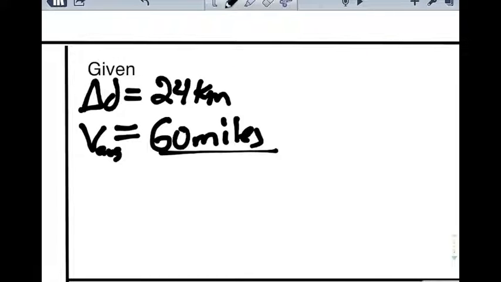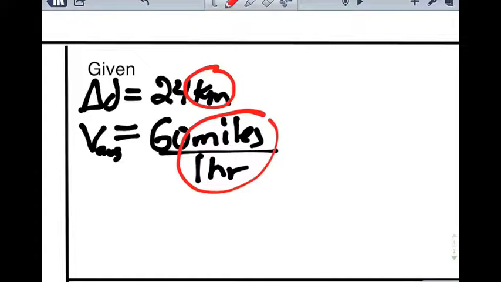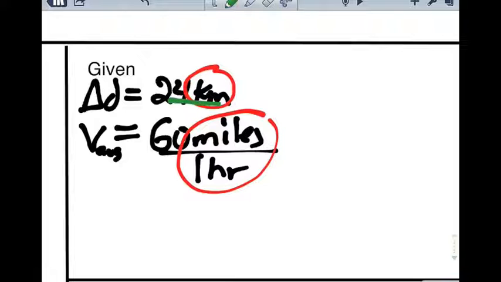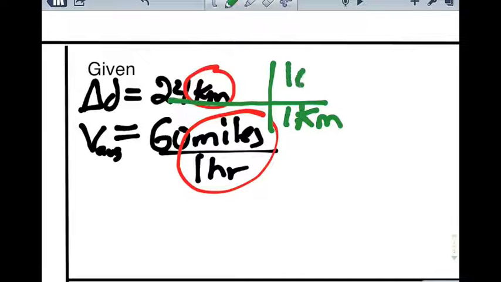Miles per hour and kilometers are not in the same unit. In fact, they're not in standard units. So we're going to need to convert both of those values. The first one I'm going to convert is kilometers. You should know that 1 kilometer is 1,000 meters.